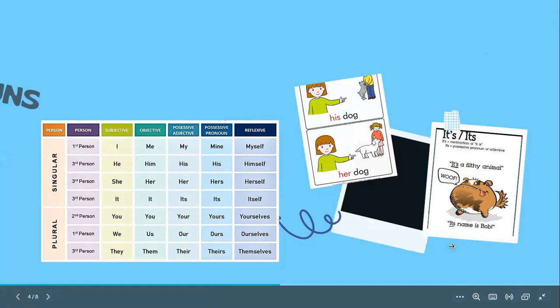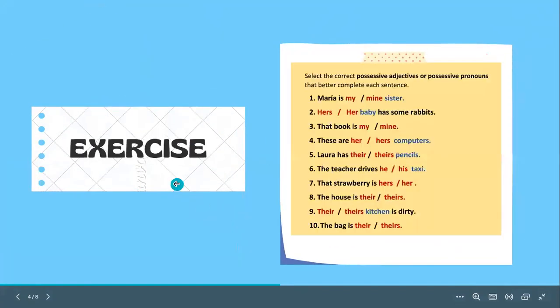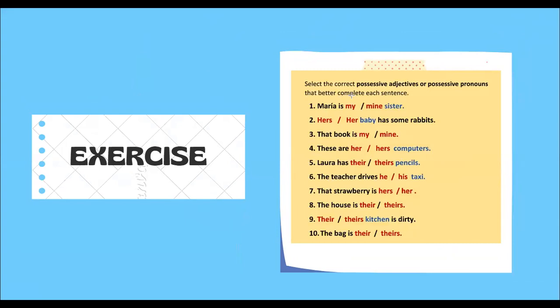So let's continue with some exercises. Maria is my sister. We cannot say mine because if we are saying it, we cannot use sister.